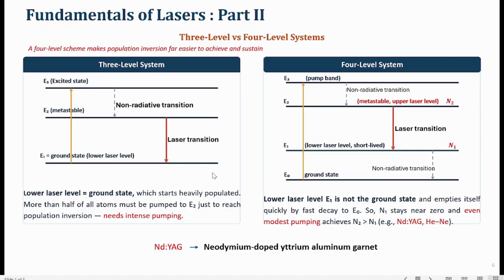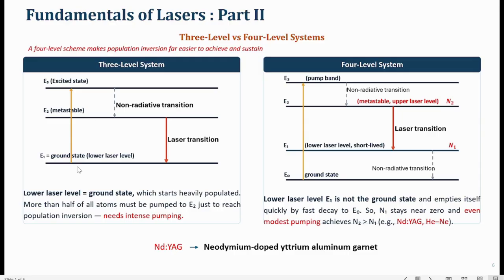So as to compare these two systems, I have shown in this first diagram a 3 energy level system. E1 is representing the ground state, that is the lower laser level. E3 is the upper excited state, and E2 is another excited state, which is also a metastable state. Metastable states have longer lifetimes compared to this E3 state.